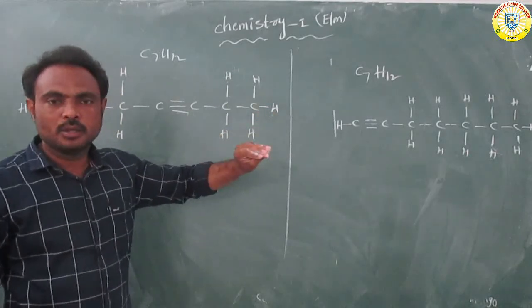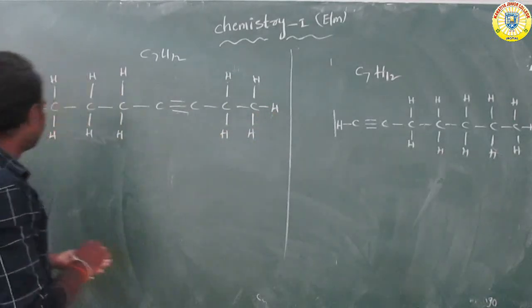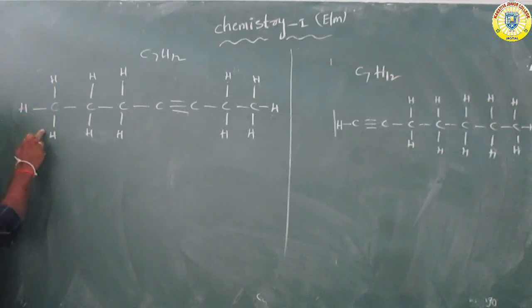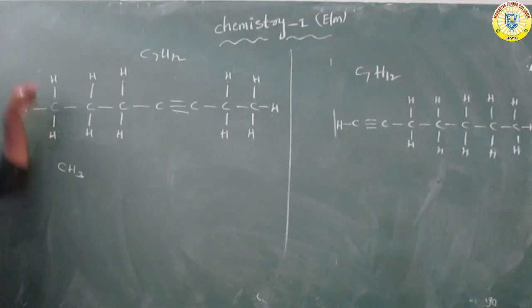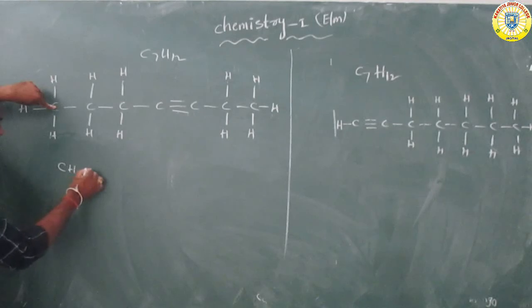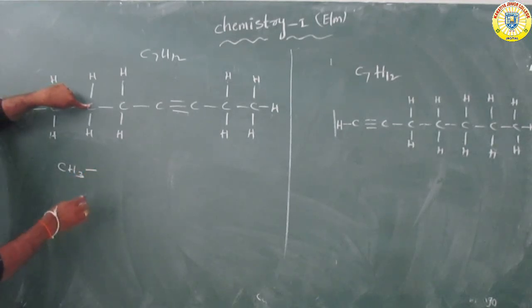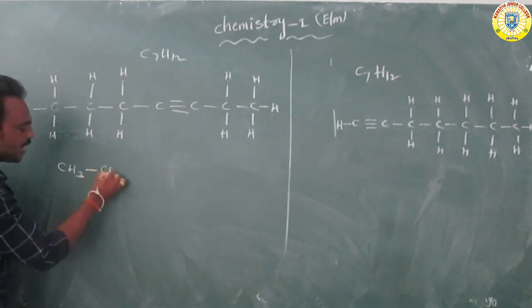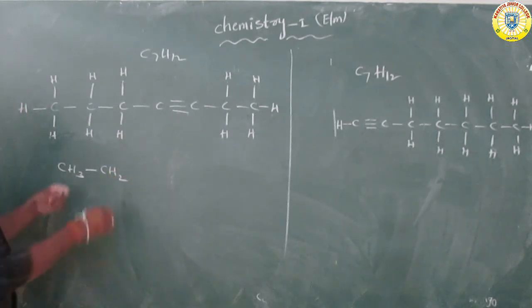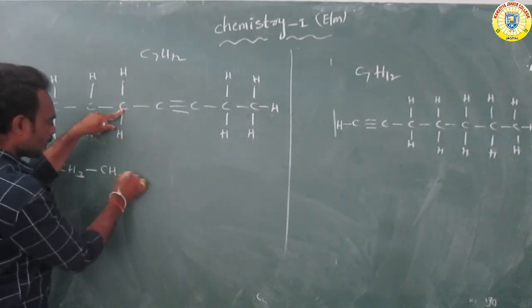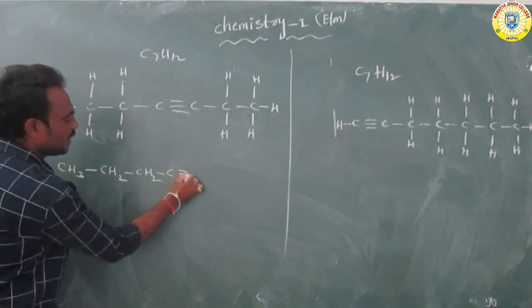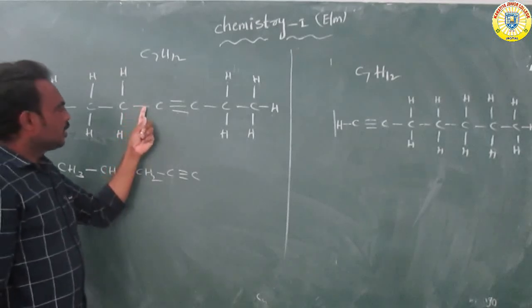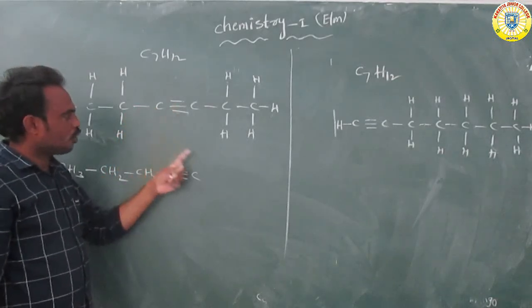Listen, carbon attached with 3 hydrogens, we write CH3. Next, the second carbon attached with 2 hydrogens, we write CH2. The third carbon also CH2, but the fourth carbon is only carbon, triple bond, carbon.